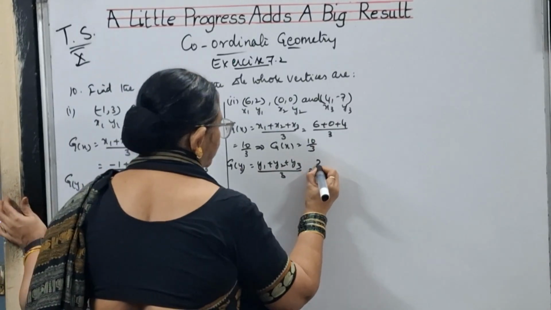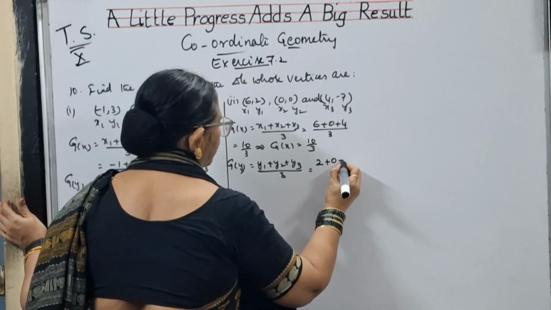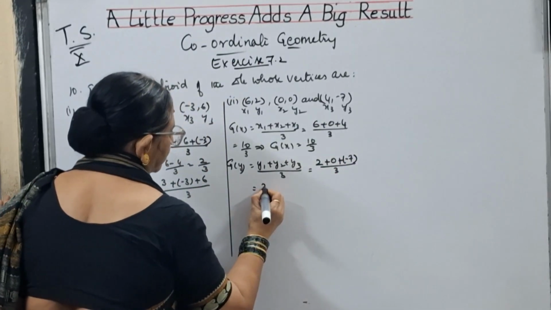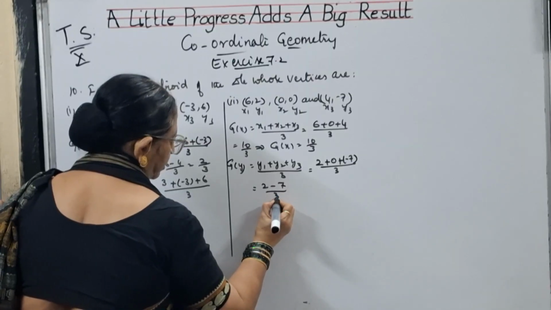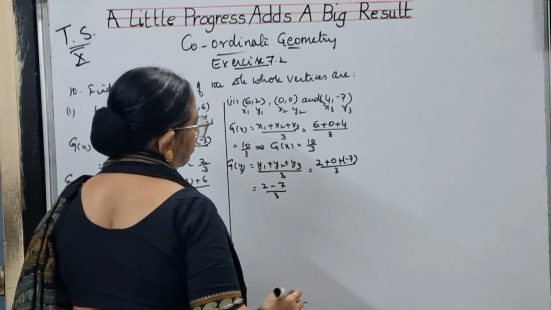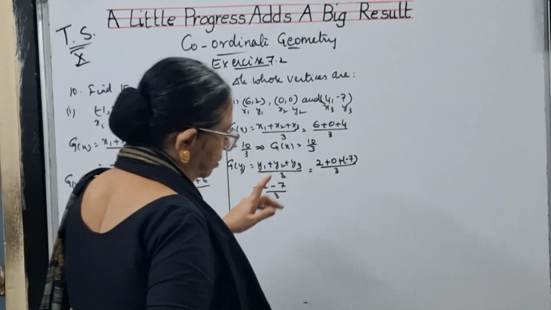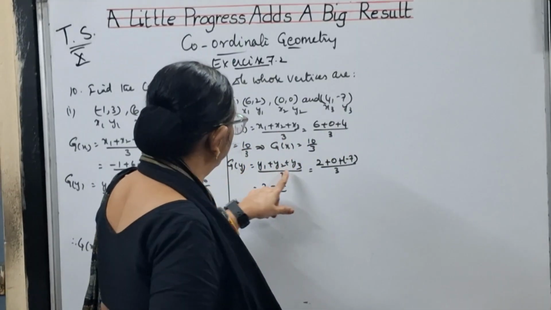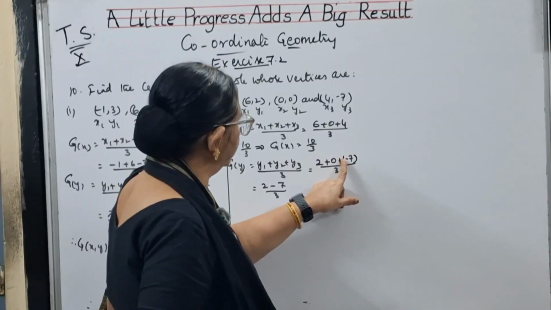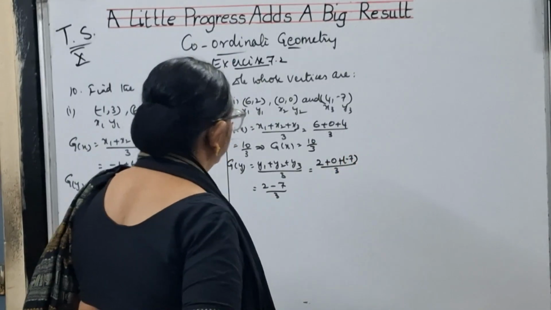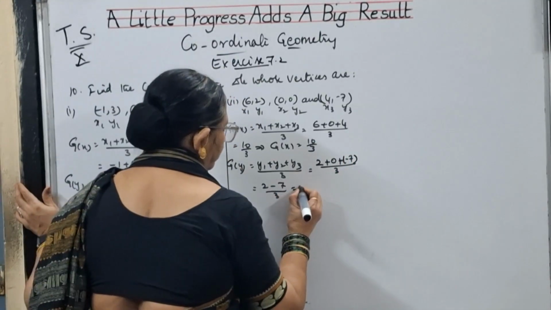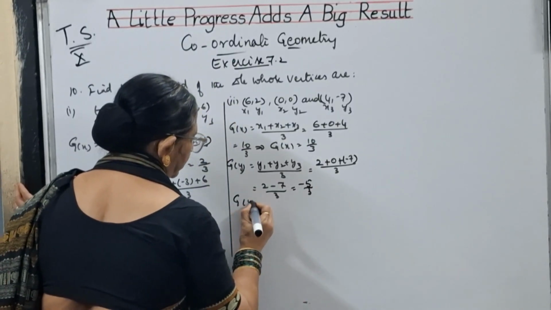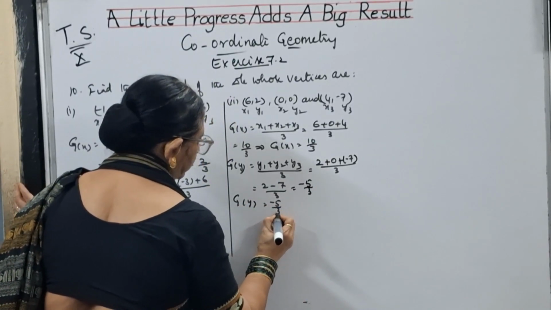So y1 is 2 plus y2 0 plus y3 minus 7 by 3. That is 2 minus 7 by 3. This is 4 comma minus 7, no? So y3 is plus of minus 7. So 2 minus 7 is minus 5 by 3. So g of y is equal to minus 5 by 3.